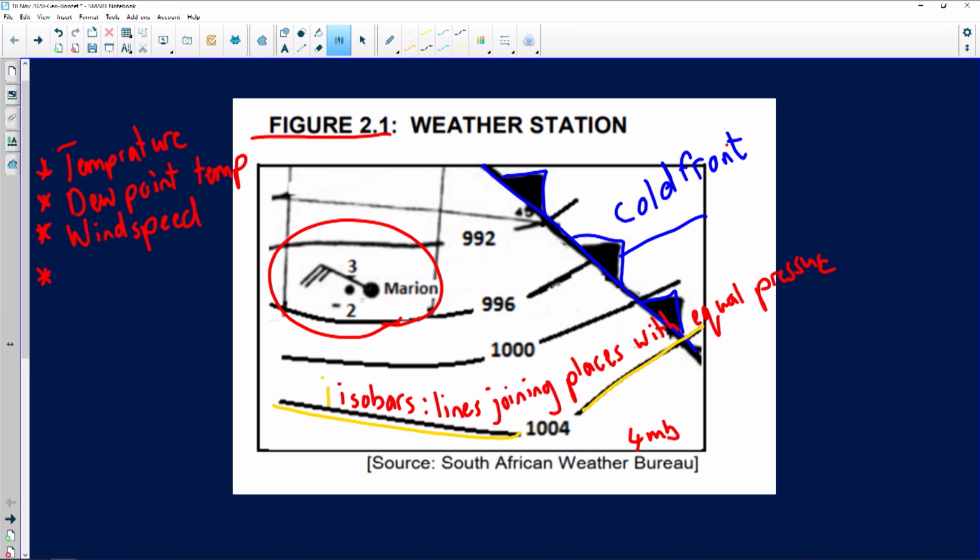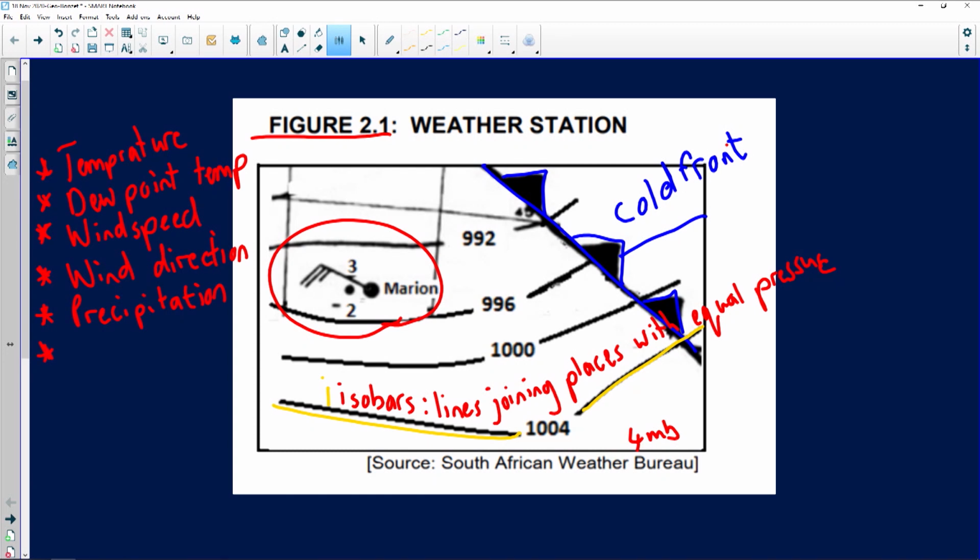Okay. Represents the wind direction, and the type of precipitation. So a weather station model represents the temperature, the dew point temperature, the rainfall, the precipitation, the wind speed, the wind direction, and I forgot one, cloud cover. Okay, that forms the body of it.